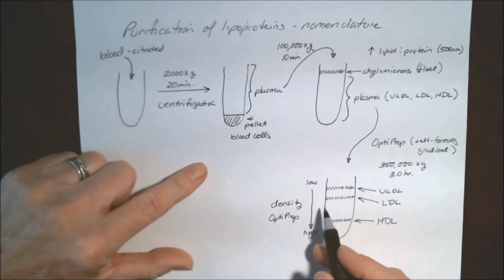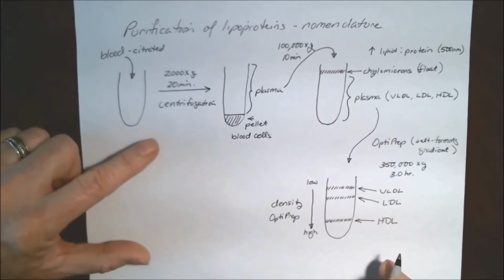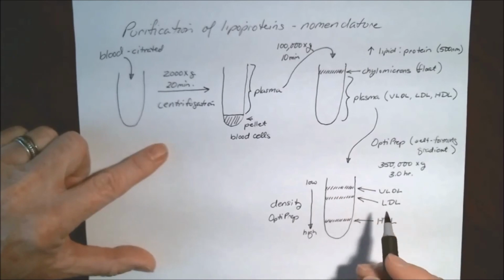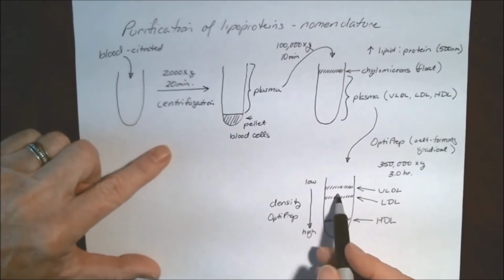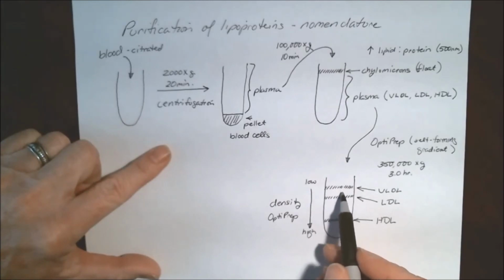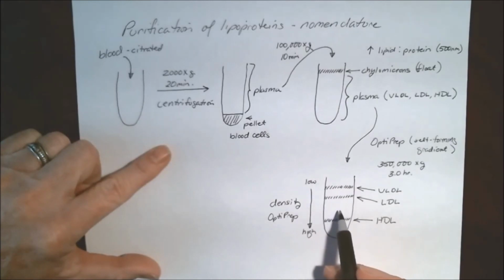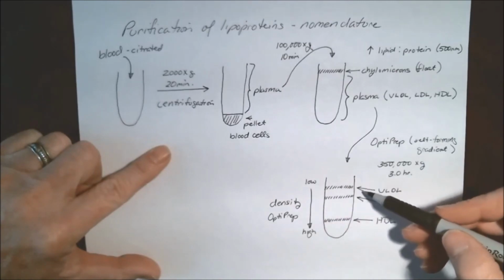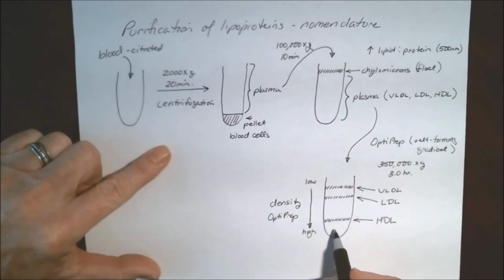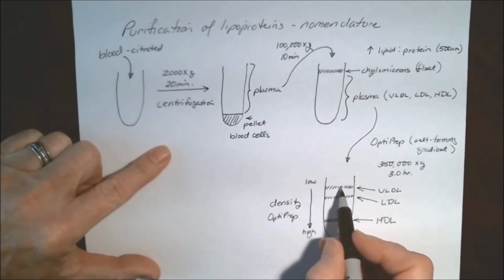So how does this actually work? In the beginning, these are all mixed together, and as the centrifugation continues, the particles themselves will move back and forth in the solution. So for example, if we start out with a VLDL particle here, based on the density, it is going to be pushed up in the tube. Even though the centripetal force is going out, it'll be pushed up into the tube at its correct density, and it will remain there.